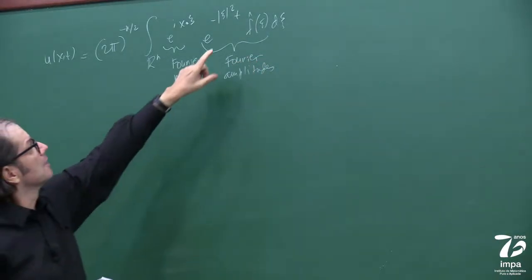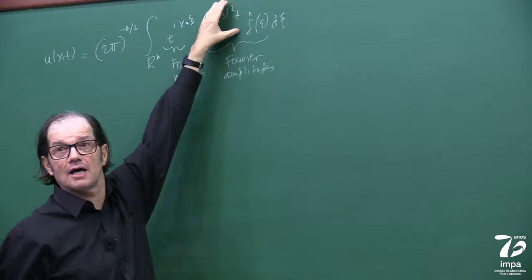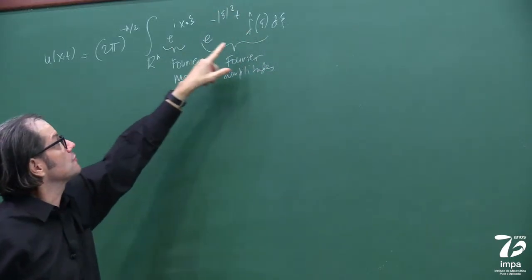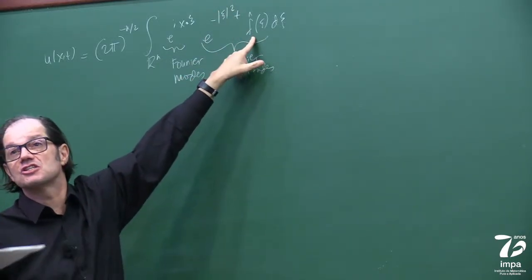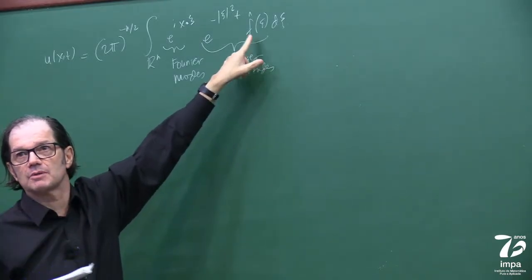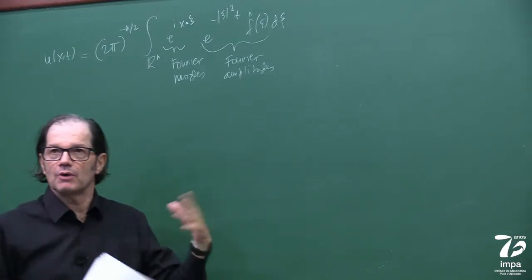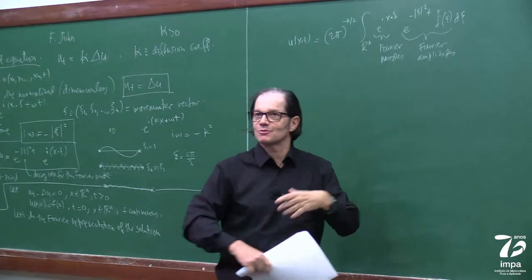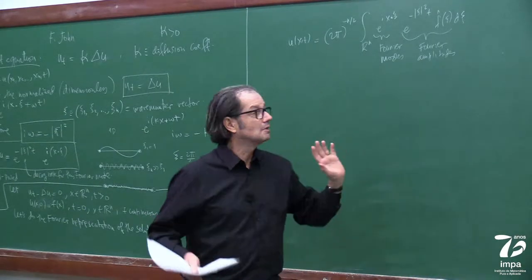Because look, at time 0, I don't see this guy. This is just the Fourier transform of the initial, say, heat distribution. Let me call it heat just for the matter of communication, because diffusion appears in many ways, even probability. There are diffusion processes and so on, so it doesn't matter.